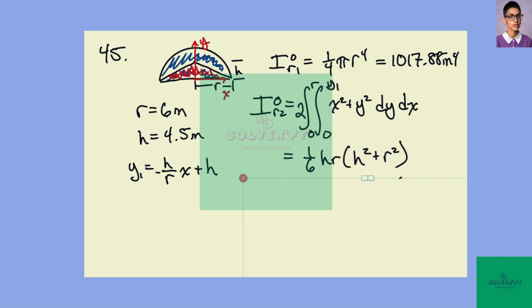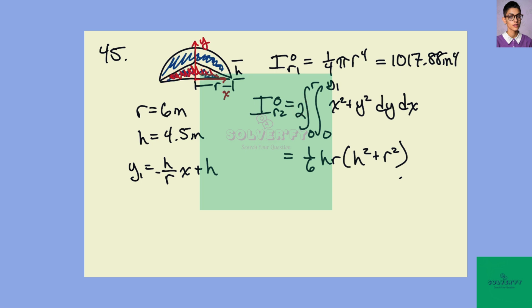We can either determine the polar moment of this triangle section by integration or by manipulating some of the values that were given in the book, and that becomes 1/6 h times r times the quantity h squared plus r squared. And we use this for our integration line. So you define this line here and then integrate over this region, and then we doubled it.